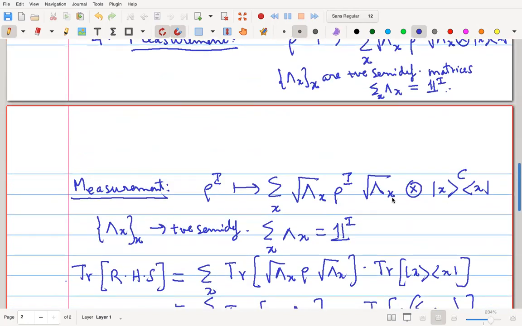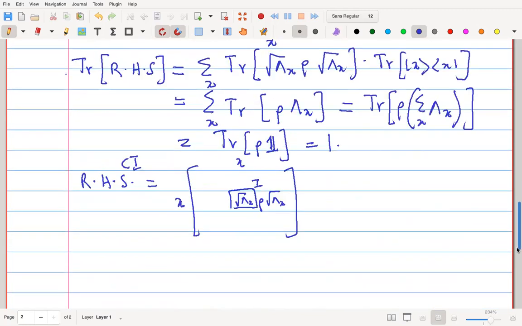By the definition of the tensor product, that 1 gets multiplied by whatever matrix is out here, and that matrix is square root lambda x rho square root lambda x. So this is the story of the x-th location. Then of course, as x sums over, they are just different blocks. So this is block diagonal like this, and I've told you what the x-th block is. Is this clear? So this is the pictorial description of the matrix.